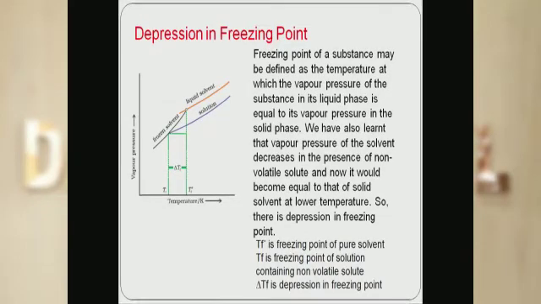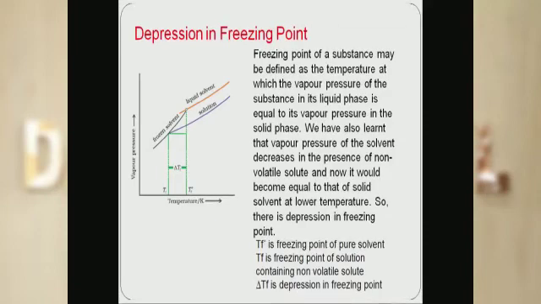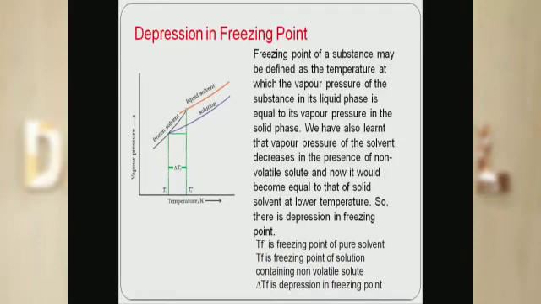This is the freezing point of pure solvent. Whereas TF is the point where vapor pressure of frozen solvent becomes equal to the vapor pressure of solution. This is the freezing point of solution containing non-volatile solute. From the graph you can also see that TF is lower than TF naught. That's why it is called depression.